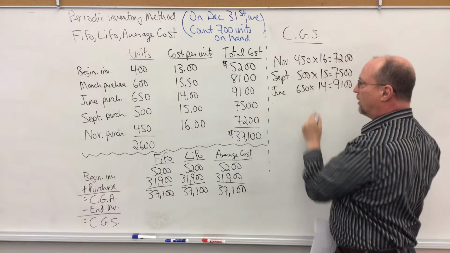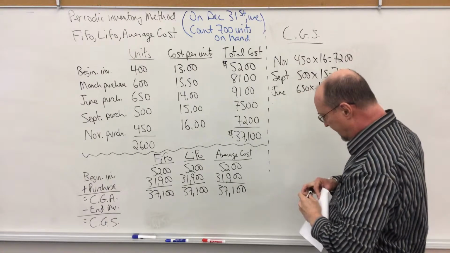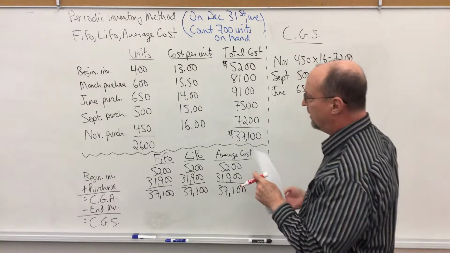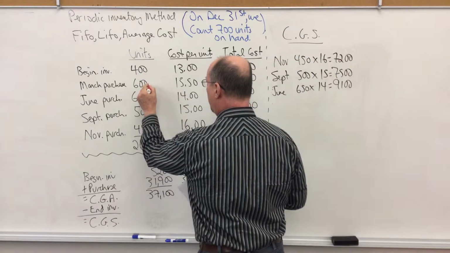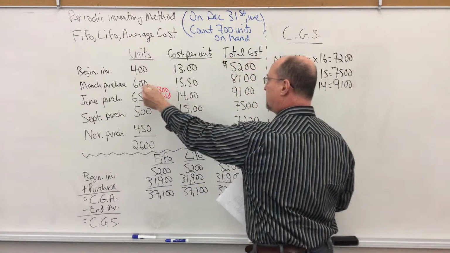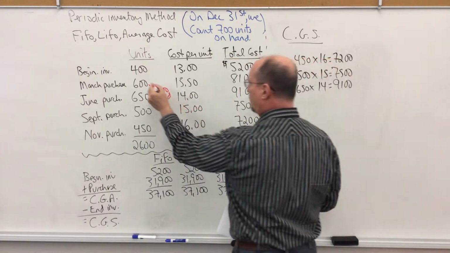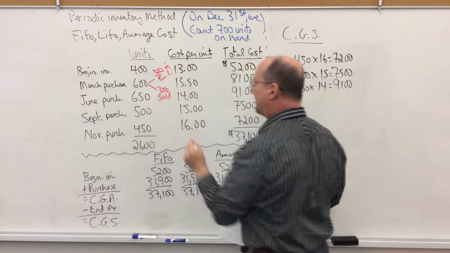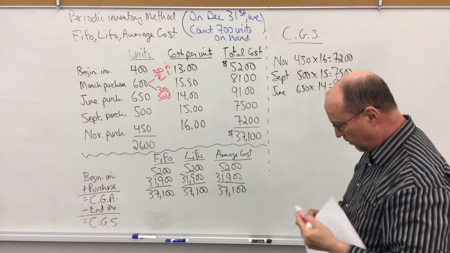Now, 450 plus 500 is 950. That's 1,600 units. The next layer, some got sold, some did not. In March, we need 300 units from the March purchase. So of the 600 from March, 300 got sold, and that means 300 are still in ending inventory. Okay?